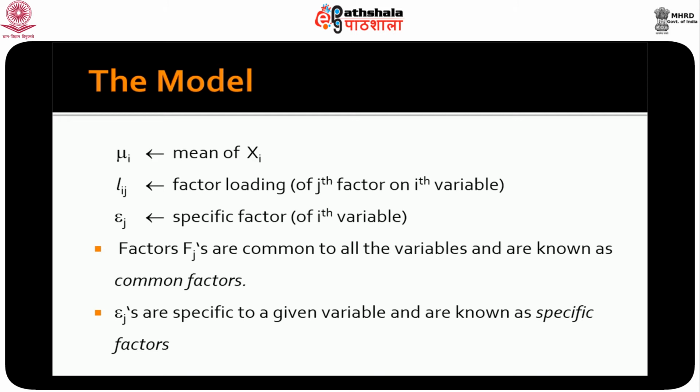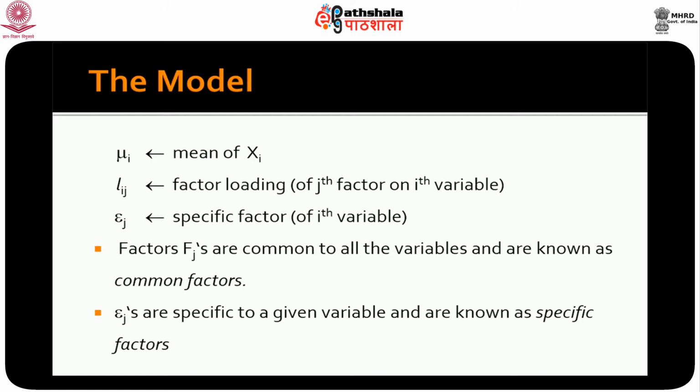The epsilon 1, epsilon 2, ..., epsilon m can be regarded as an error in the model. But in this case, we will not call them errors, we will rather be calling them specific factors, and we will explain why we call them specific factors. Now, one thing that we should note here is that the first elements on the right hand side are the mu's.